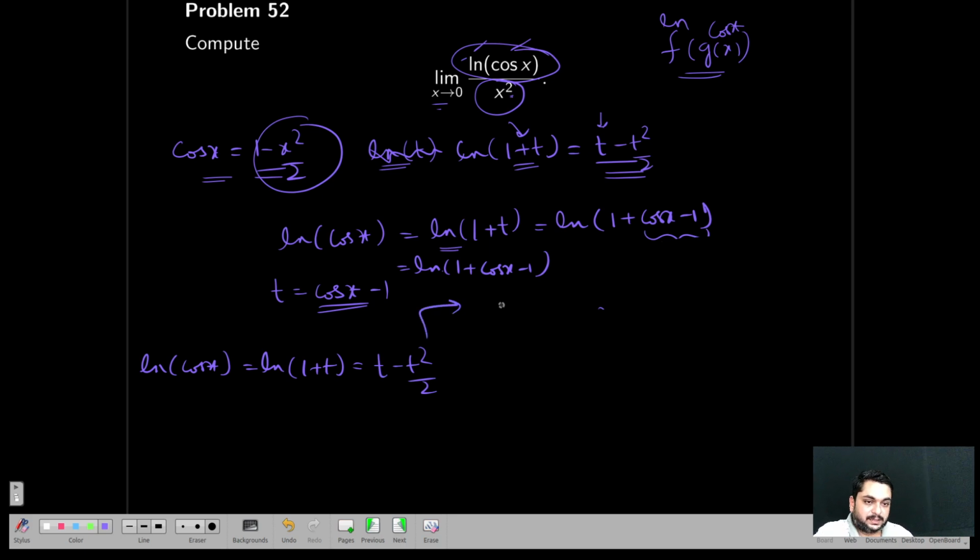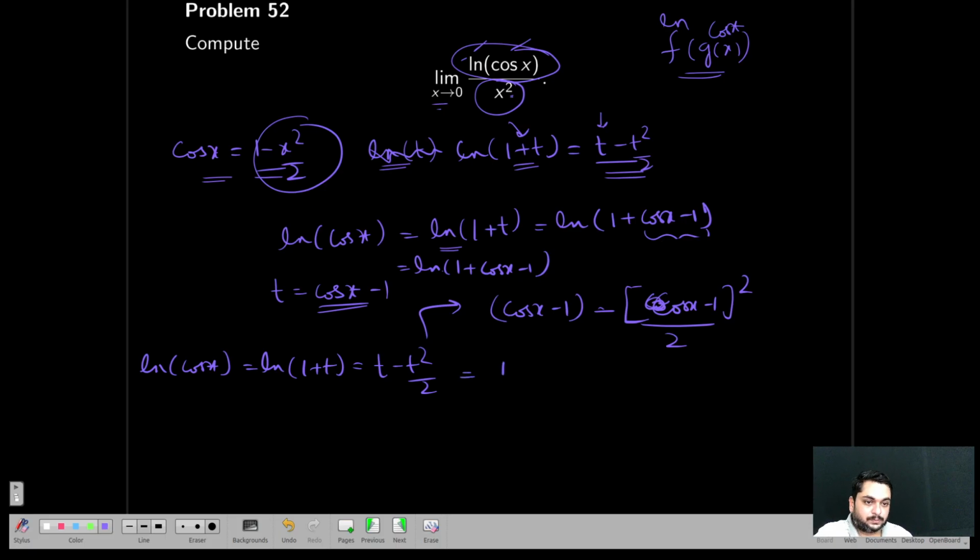So what is t? T is cos x minus 1. So cos x minus 1 minus t square by 2. What is t? Again cos x minus 1. That is cos x minus 1 whole square divided by 2. Now you substitute cos x is 1 minus x square by 2.